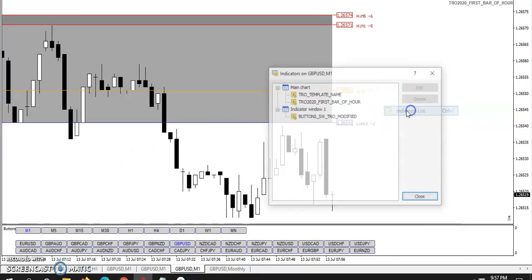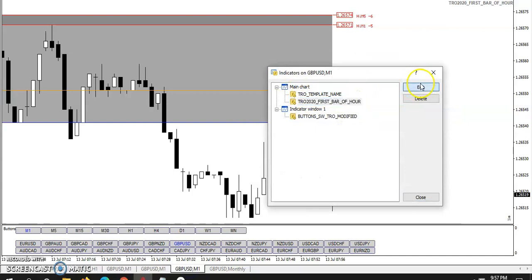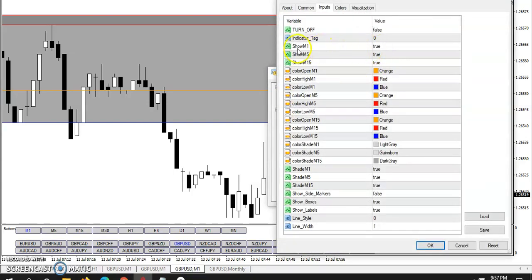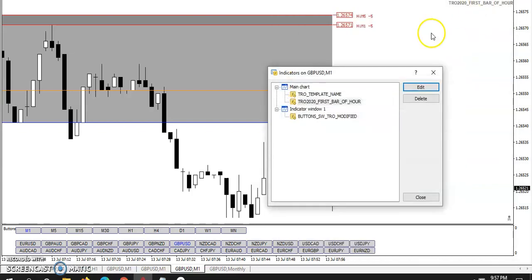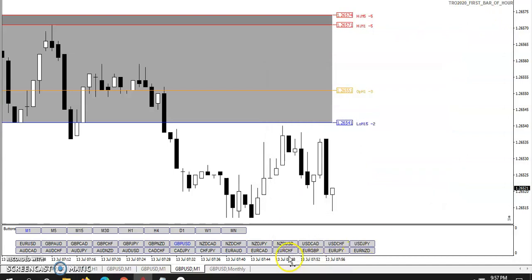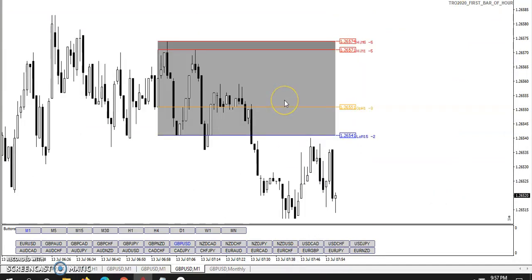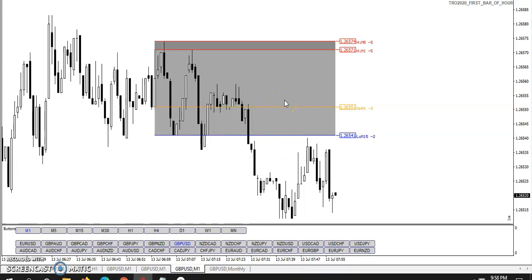Now, in this particular case, I turned all three on, so I'm going to show M1, M5, and M15. And we're coming up to the end of the hour, so we'll get to see this live.